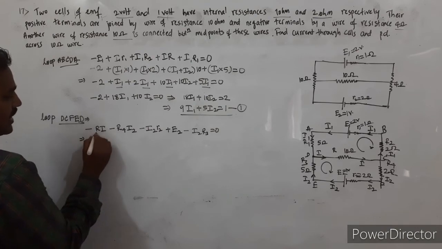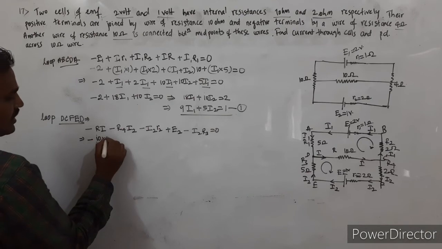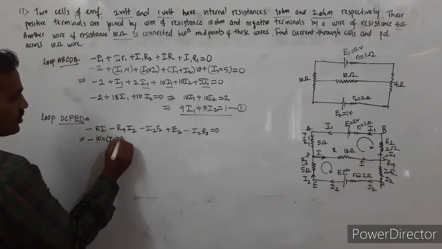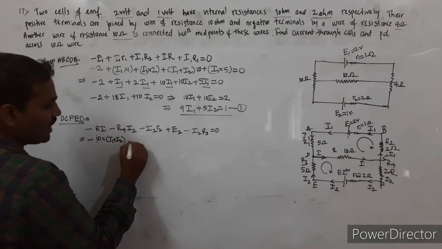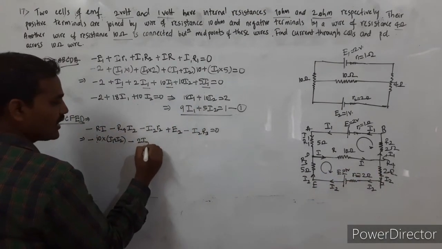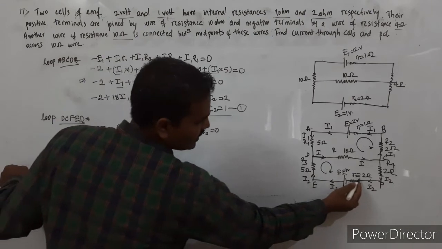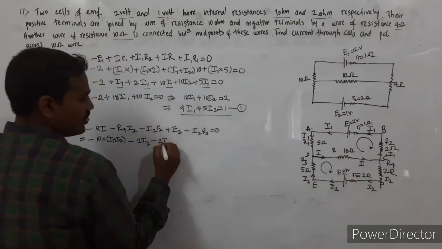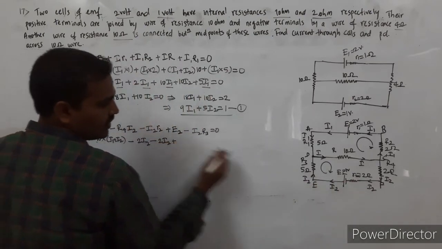This implies minus R, which is 10 ohm, into I1 plus I2. Then minus R4, which is 2 ohm, times I2. R2 is also 2 ohm, minus 2 times I2, plus E2 is what?